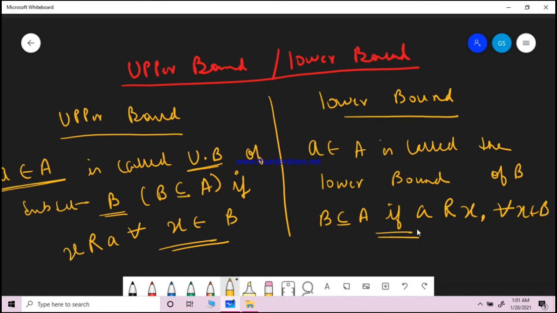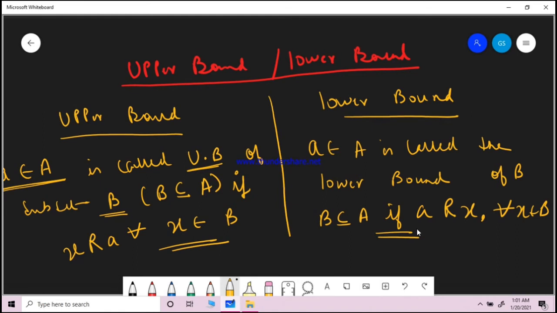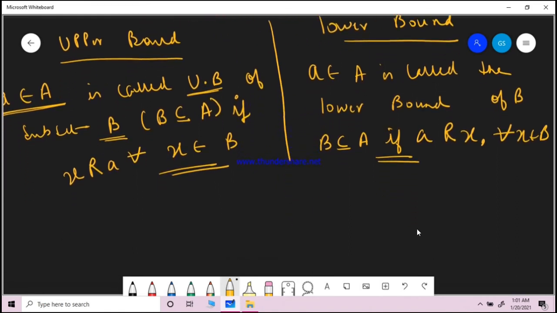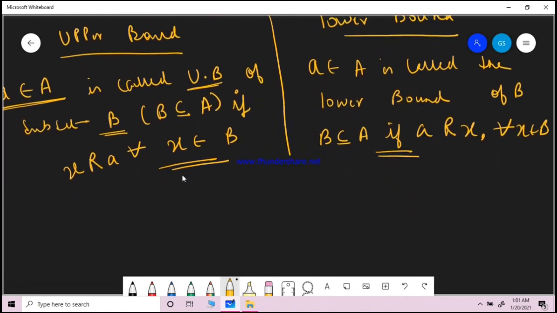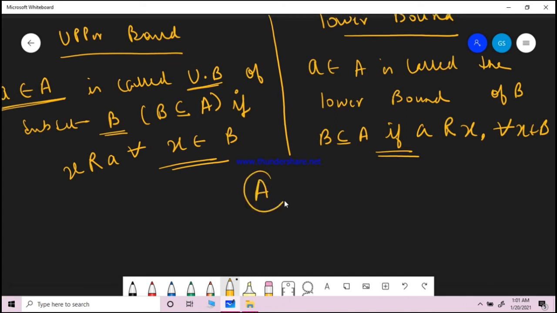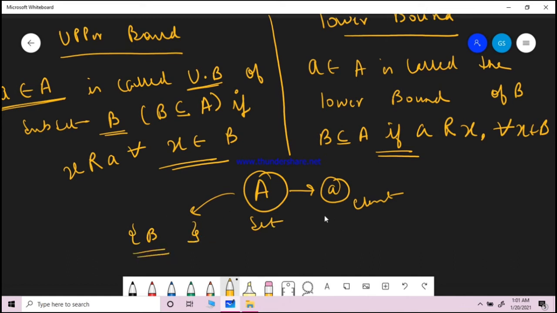Just simply read the definition, and I'm telling you what it means. We are having a set A, and a is an element in this set. One more important thing, there is a subset B out of this A. So now we are having two sets.